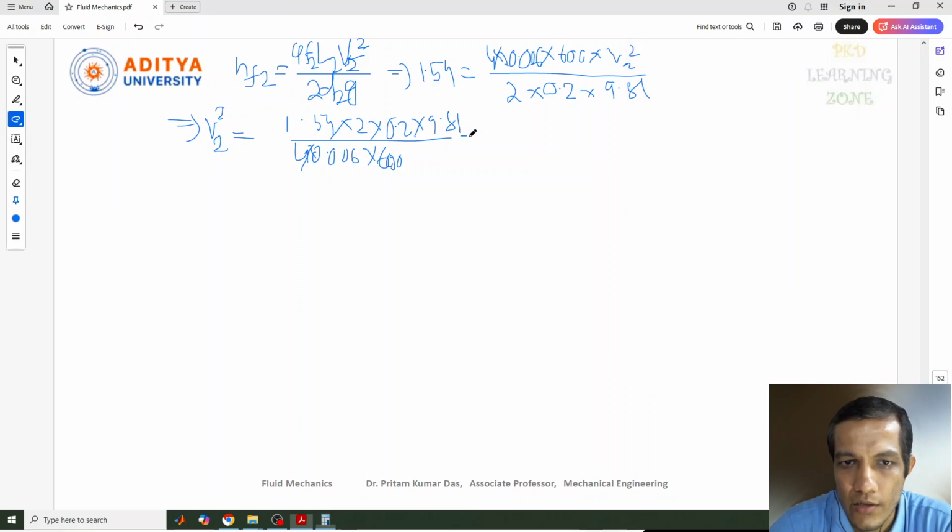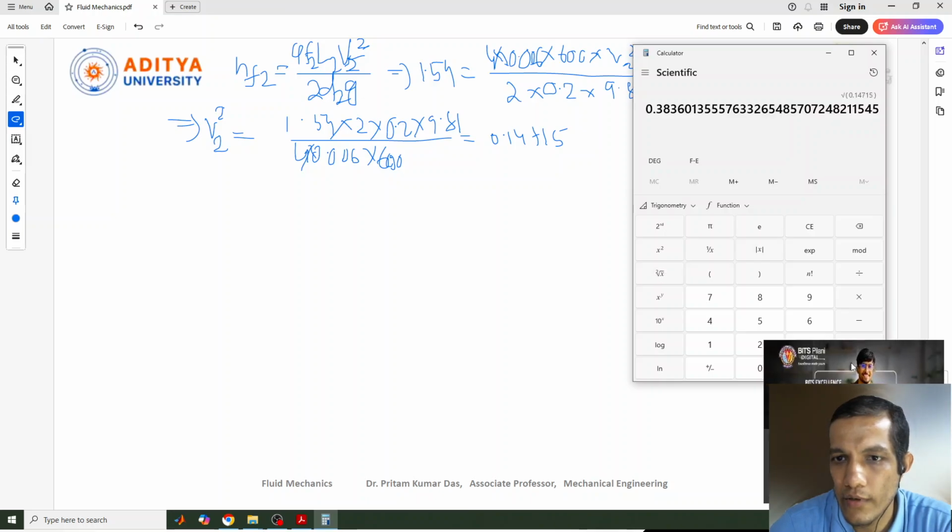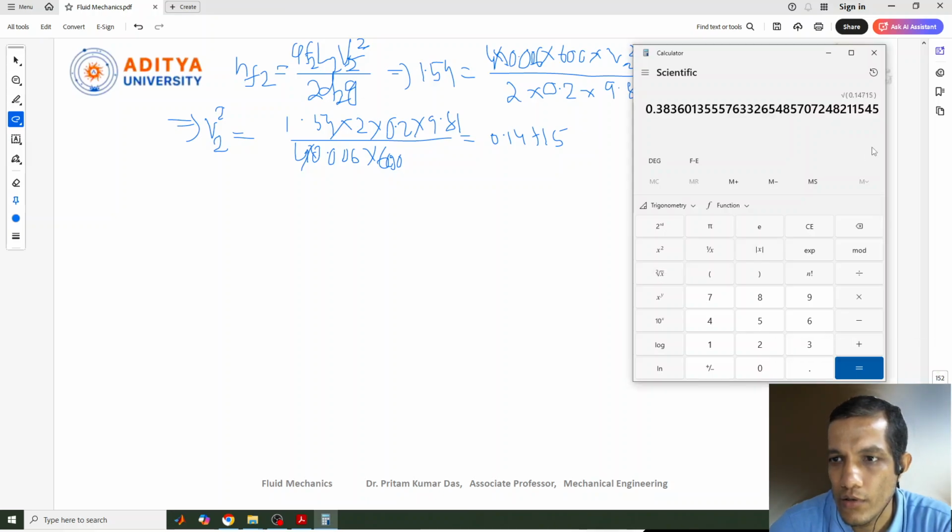We get 0.147. Now we'll find the root of this, which is nothing but 0.383.